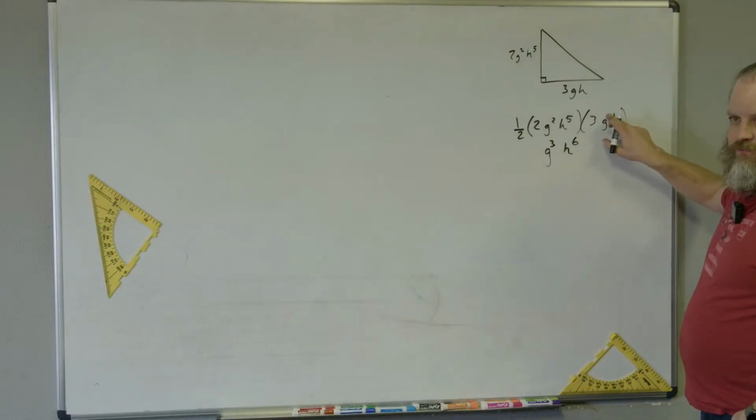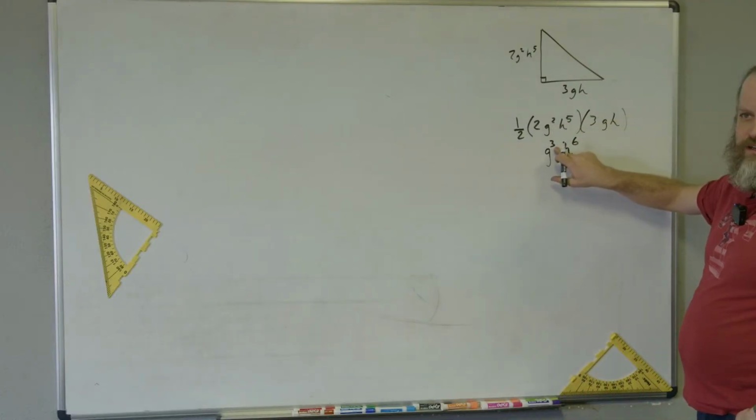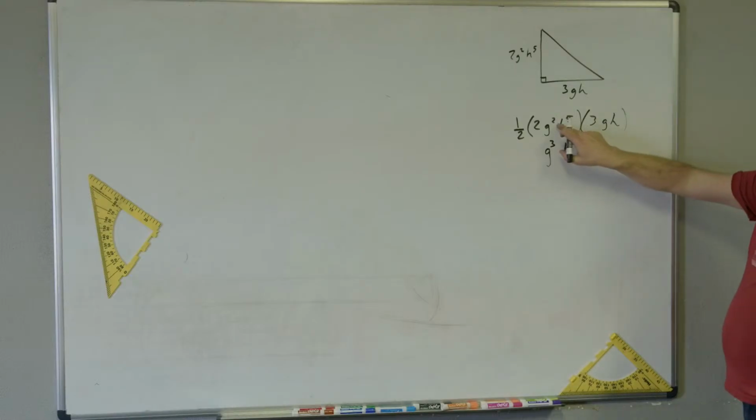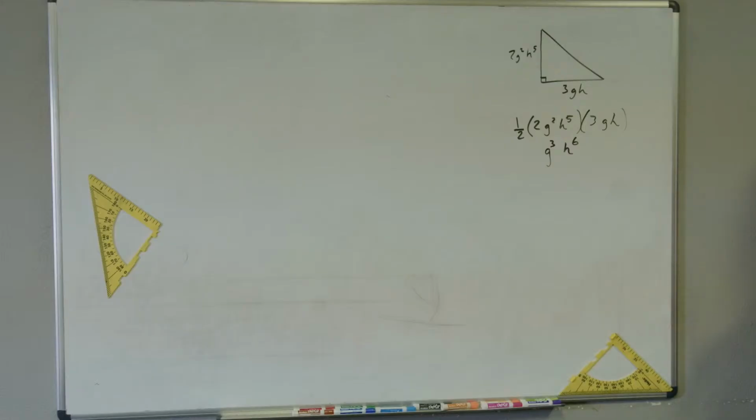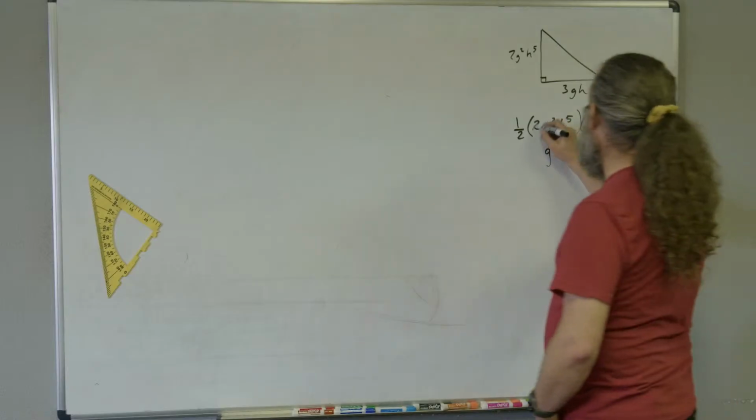Squared plus first is 3. 2 plus 1 is... there's something missing. What's missing? The 1. The 3. We did this.